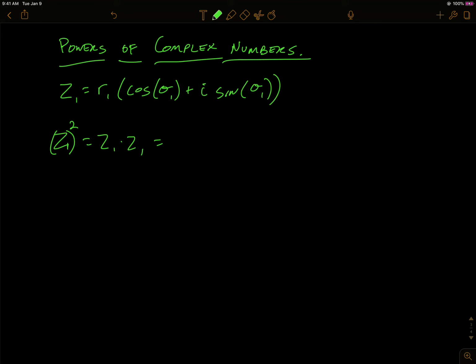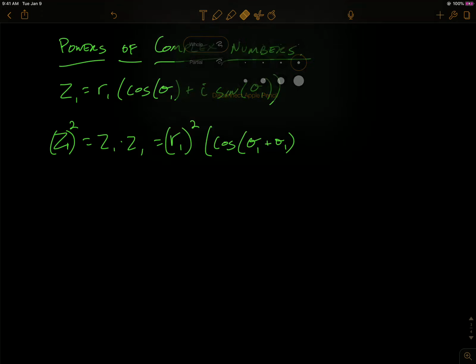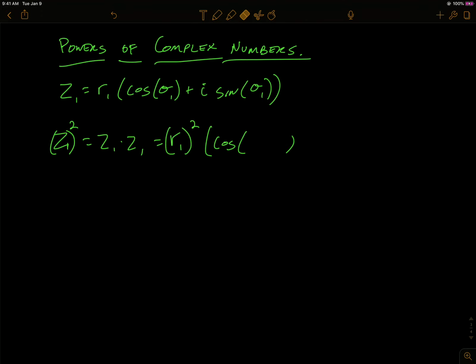So the magnitude times itself, r sub 1 times r sub 1, which I can write as r sub 1 squared, times cosine. I'm supposed to add the arguments when I multiply, so theta sub 1 plus theta sub 1, since it's the same angle, is really 2 theta sub 1.